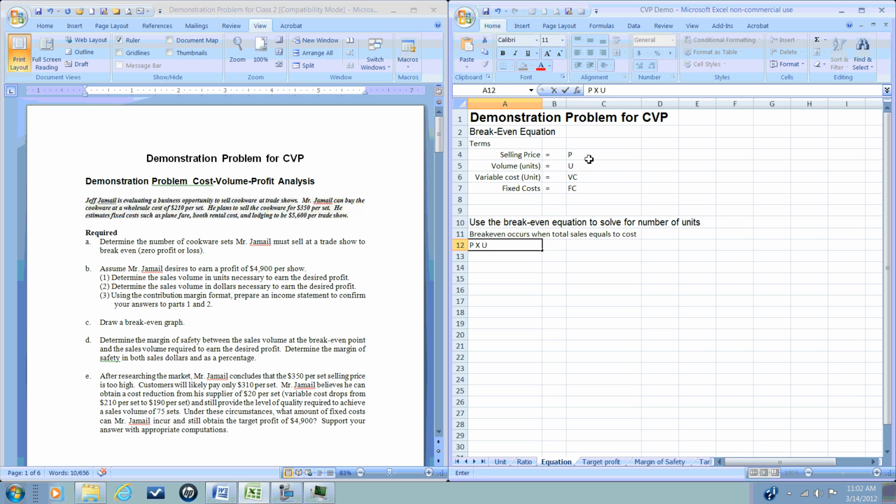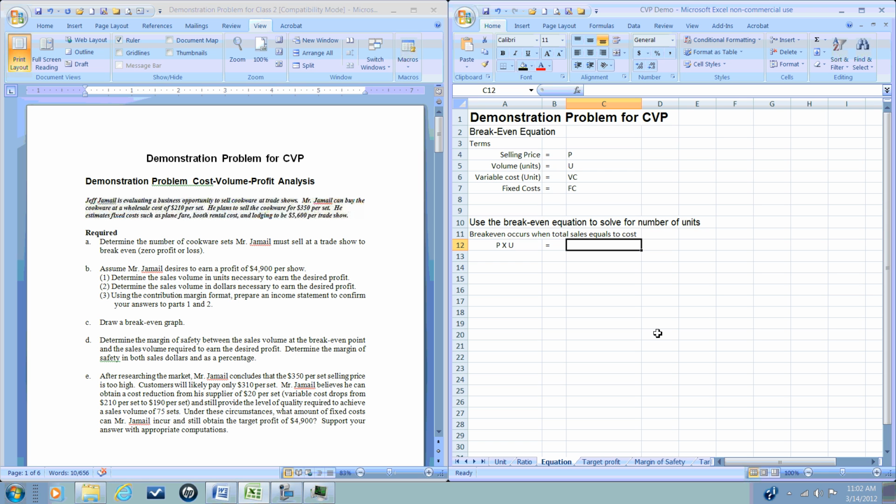So price per unit times number of units will equal our total sales dollars. Break even occurs when that equals our total cost.